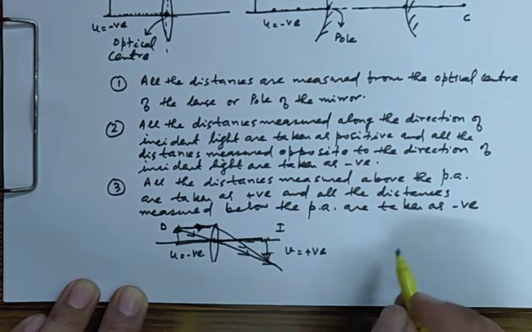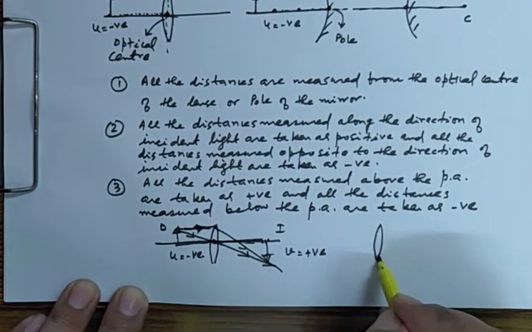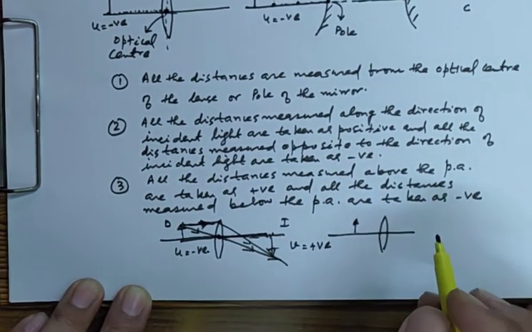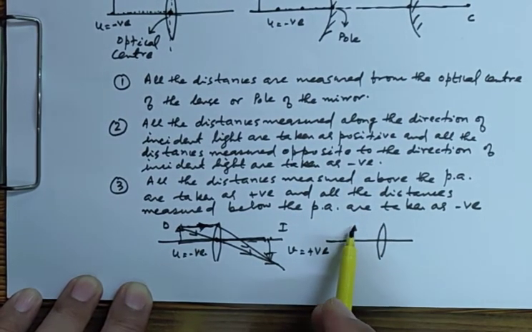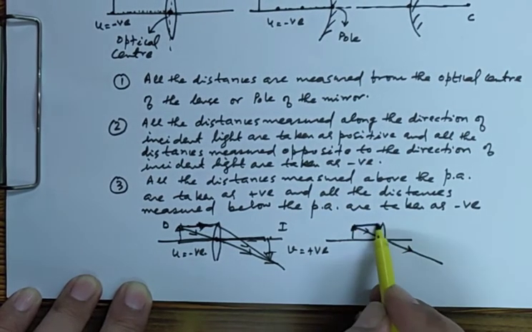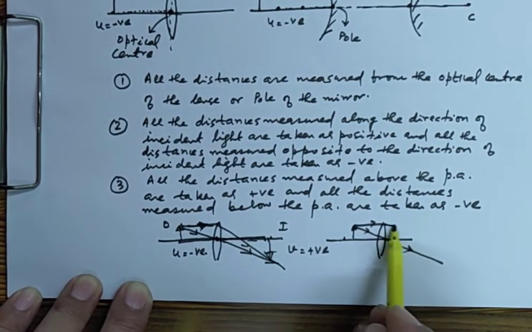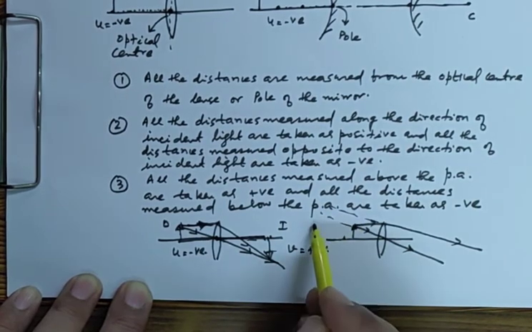If a virtual image is formed, this is the convex lens. You know that if the object is kept between the focal point and the optical center, then a virtual image is formed. A virtual image will be formed over here.